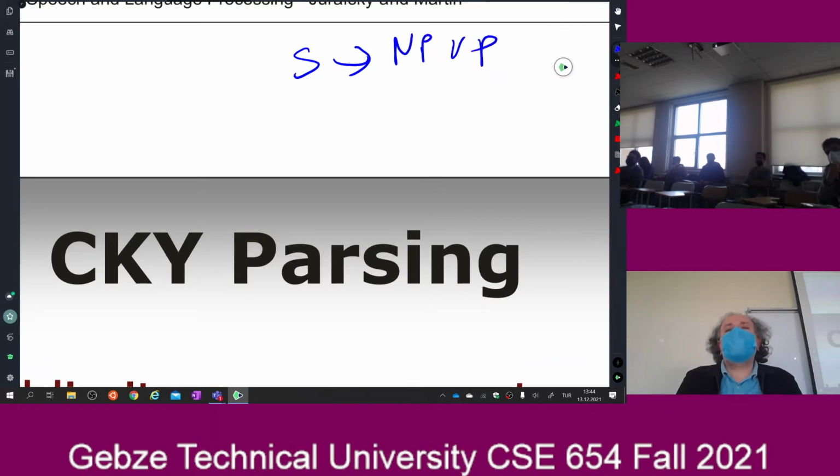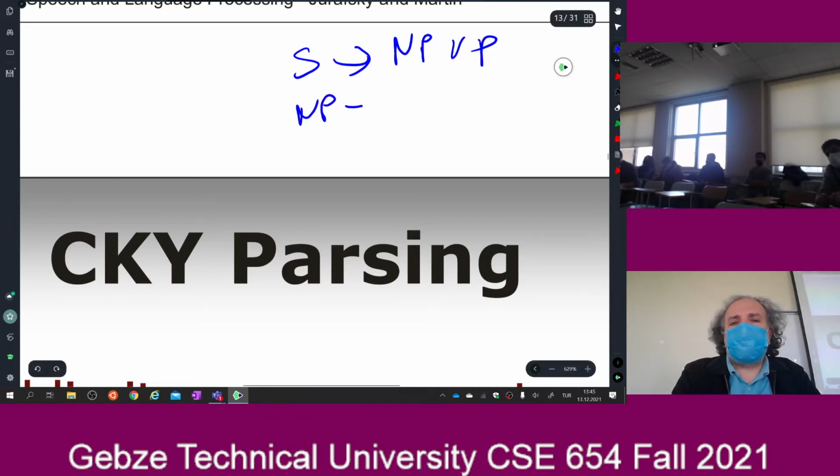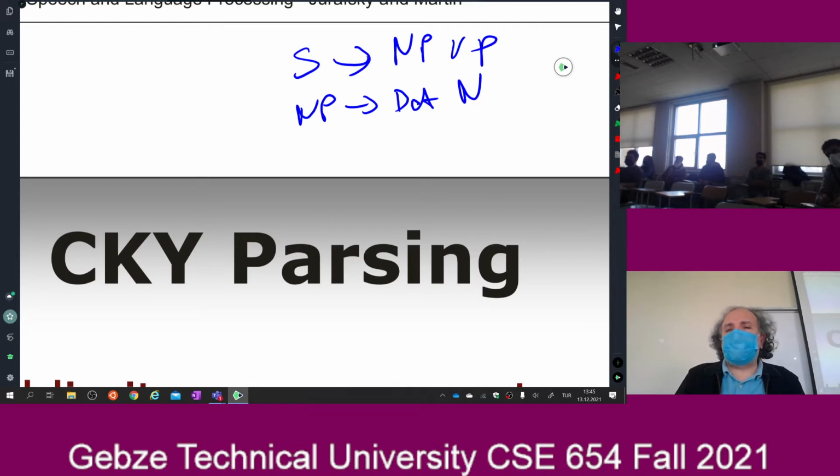This says that you can actually divide a sentence into two parts. That's what it says. You can divide the sentence into the noun phrase part and the verb phrase part. And for the noun phrase part, for example, it is determiner and noun. You can divide the noun phrase into two parts too, determiner and noun.